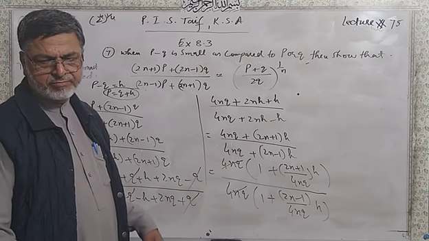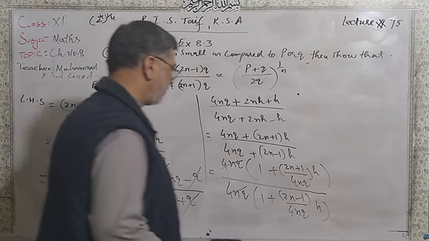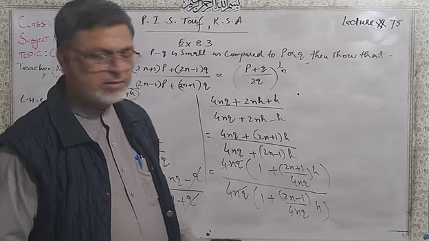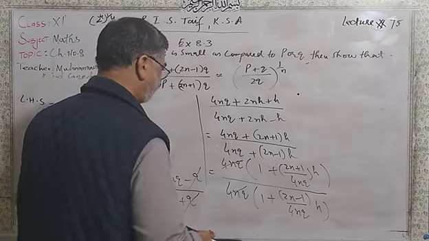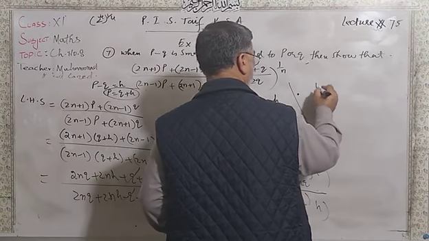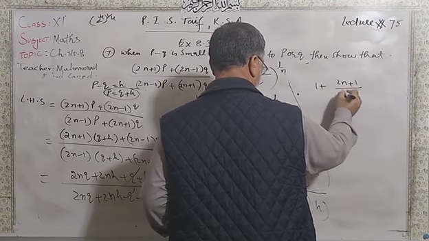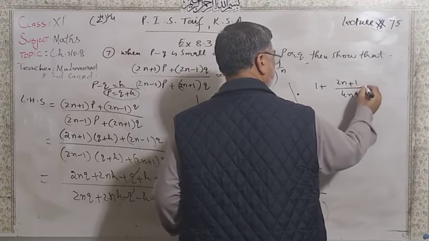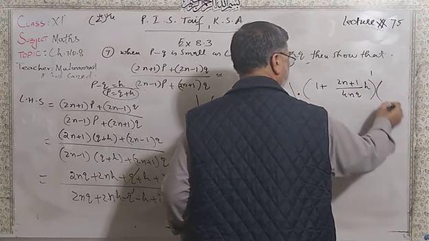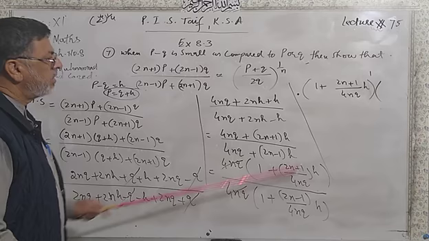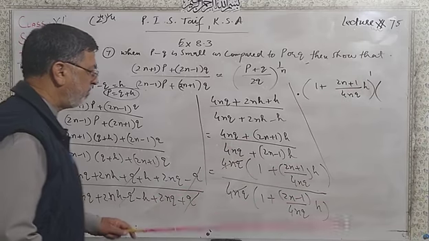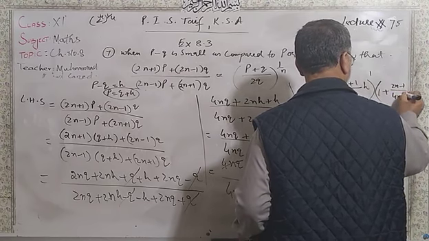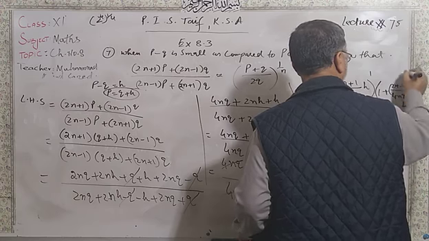Now you can have 1 plus (2n plus 1) over 4nQ into H, that will be power 1. Take this to the numerator, its power will be minus 1. So 1 plus (2n minus 1) over 4nQ into H whole power minus 1.